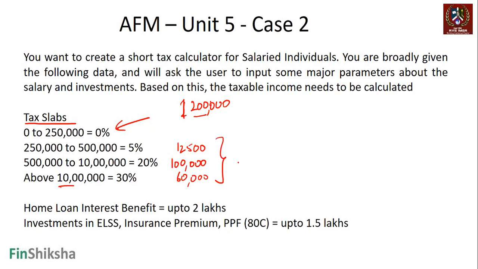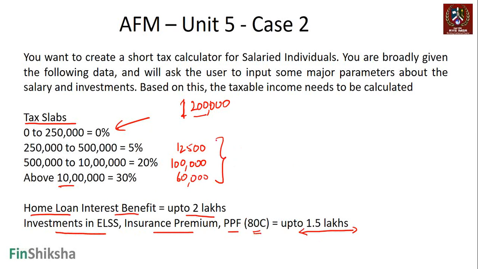There are, however, some exemptions that are allowed. So if you have a home loan, then for the interest component of that, up to 2 lakhs, there is a benefit. The principal comes under Section 80C, which has other instruments as well, like investment in ELSS, insurance premium, PPF, up to 1.5 lakhs total maximum during the year.